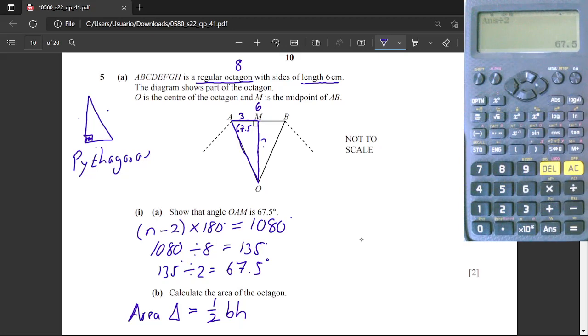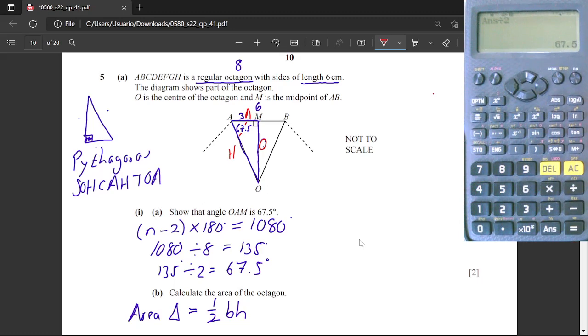If we're using angles and sides, we use SOHCAHTOA. For that, we need to label our triangle. So we have this angle here, 67.5. We want to know the opposite side, and we have the adjacent side there, which is 3. We're not working with a hypotenuse in this case.